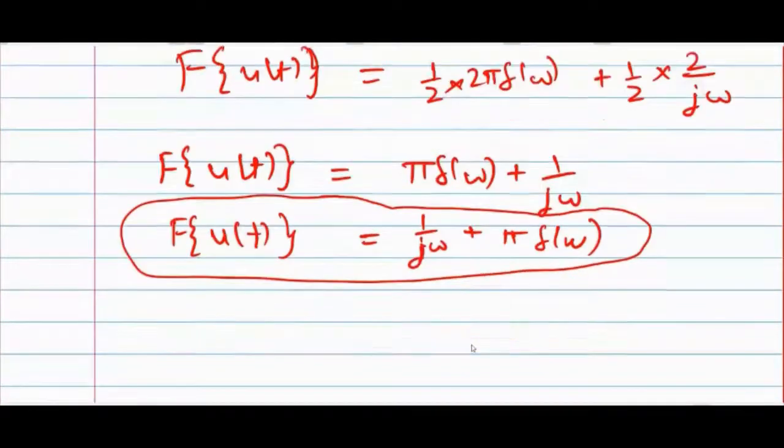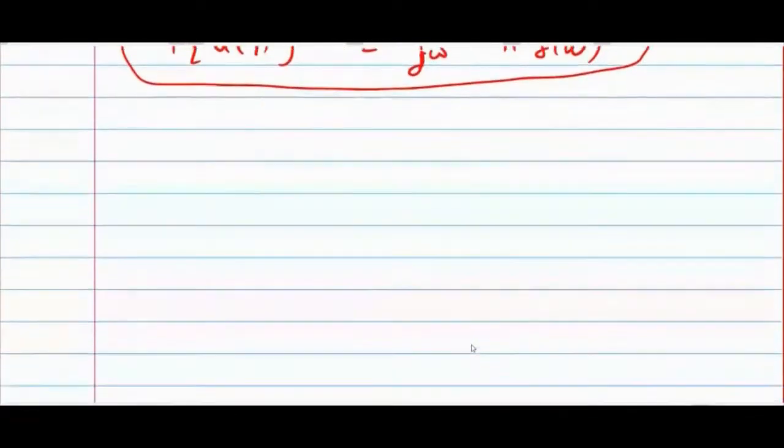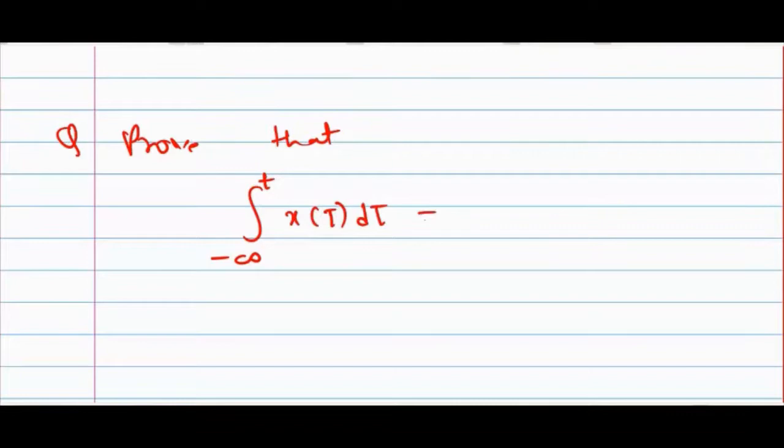Okay. Next, prove that integration minus infinity to t x of tau d tau equals, so this is the integration property of any signal. In derivative, we are multiplying by j omega. In integration, what we will do?